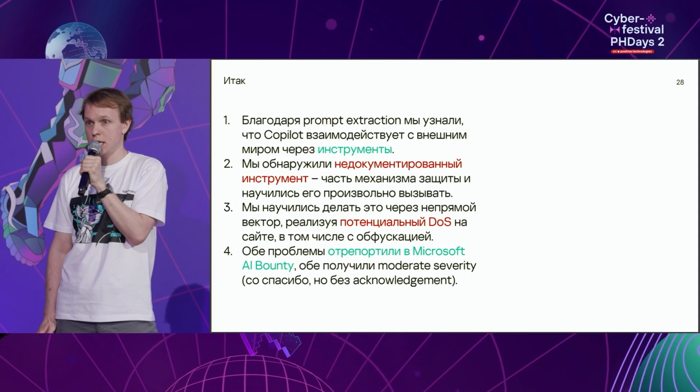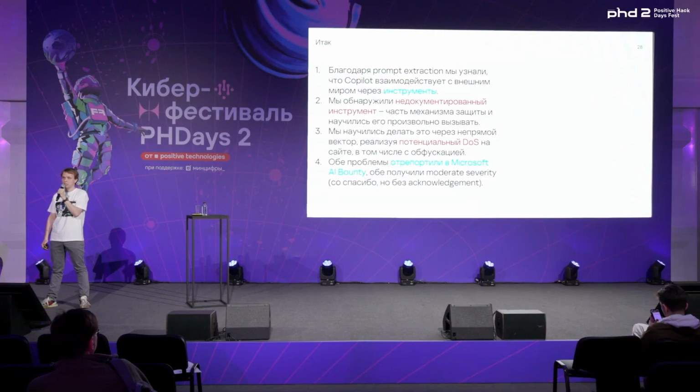Microsoft AI Bounty was announced some time ago, and you can get answers to your bug reports. We actually had two bug reports, and that prompt extraction was fixed, and that feature with the underscore does not operate any longer, and the denial of service was also documented, and the reports were accepted.